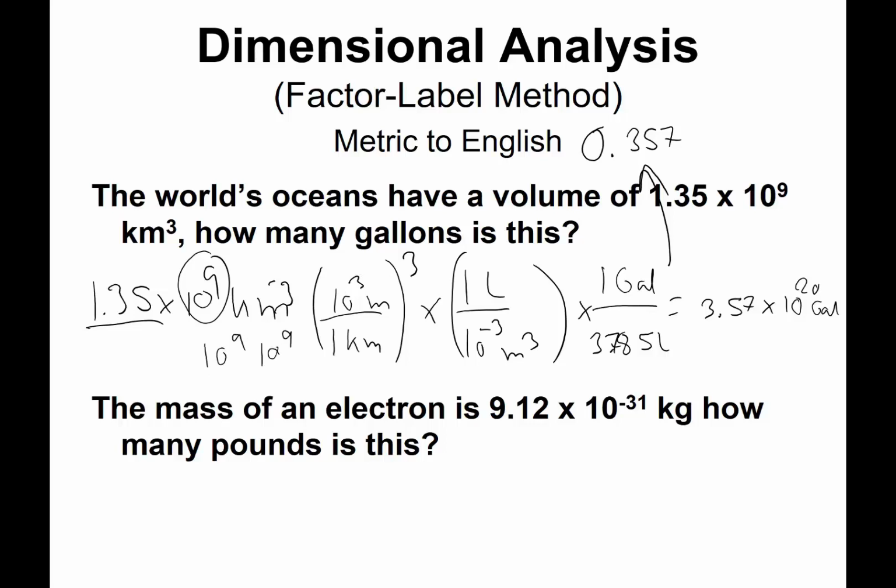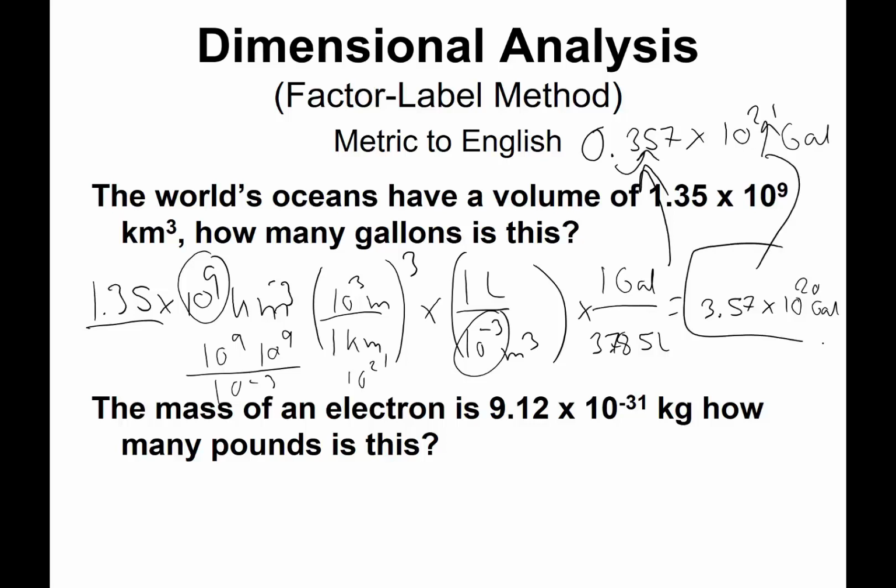So that's 10 to the 18 already. And then we divide it by this factor, which is 10 to the minus 3. So that's going to be 10 to the 18 plus 3, that's 10 to the 21, right? Times 10 to the 21 gallons. And if I just move this over, that decreases to 10 to the 20. Okay, you want to do it that way. It's easier, then you don't have to worry about scientific notation in your calculator. But in the end, it's you who's taking the exam.